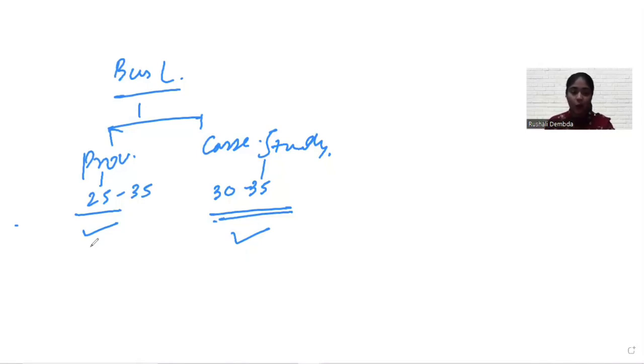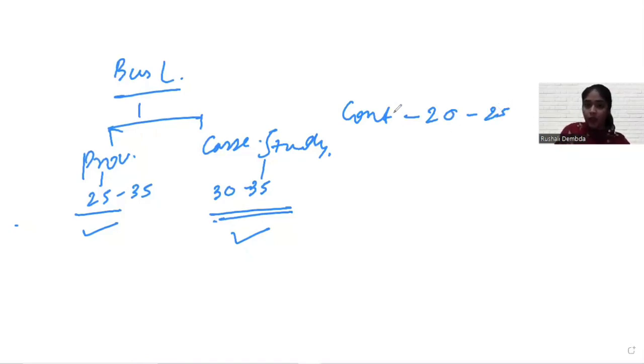Now, as I have seen in the previous papers, with the Contract Act we almost got 20 to 25 marks in the June paper. This was there in June 23.